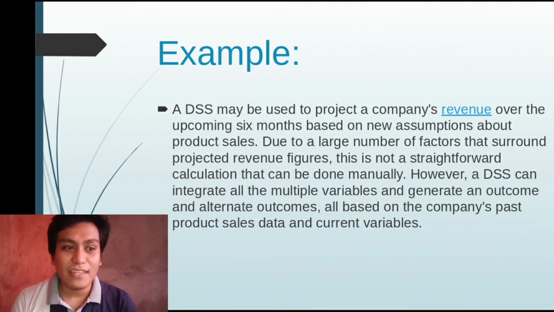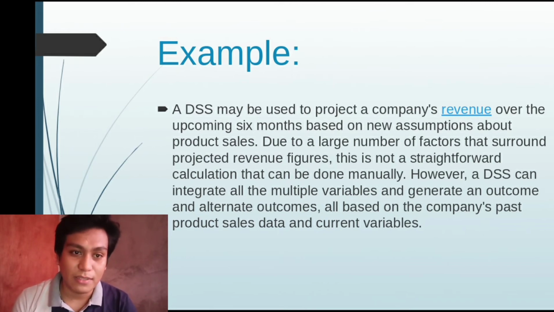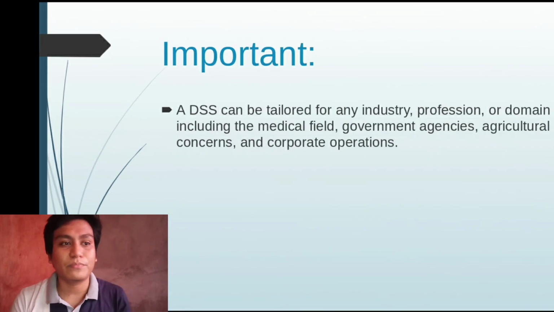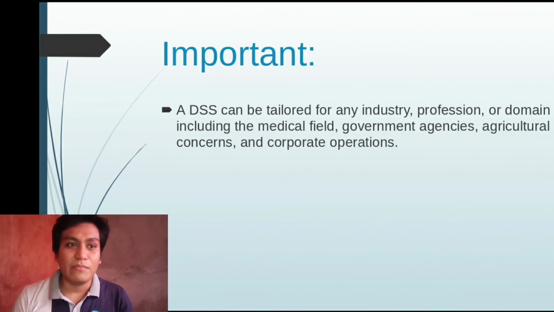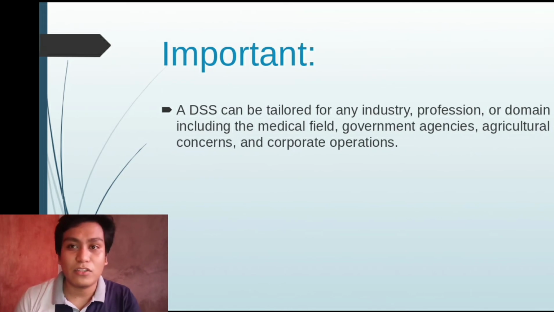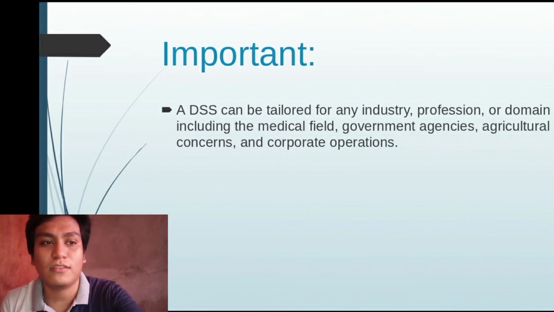However, a DSS can integrate all the multiple variables and generate an outcome and alternate outcomes, all based on the company's past product sales data and current variables. Important to note, a DSS can be tailored for any industry, profession, or domain including the medical field, government agencies, agricultural concerns, and corporate operations.